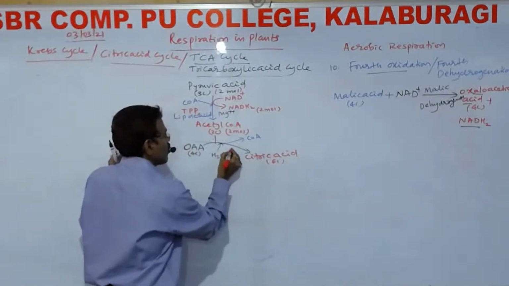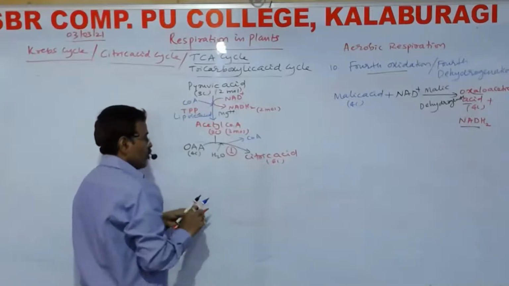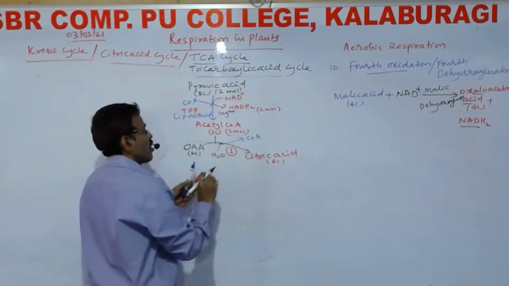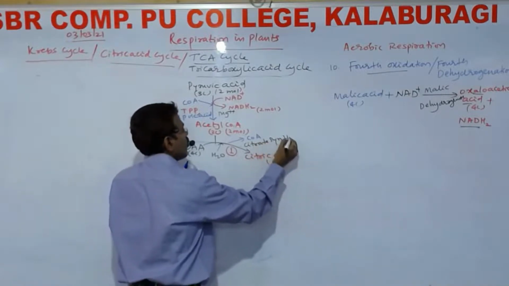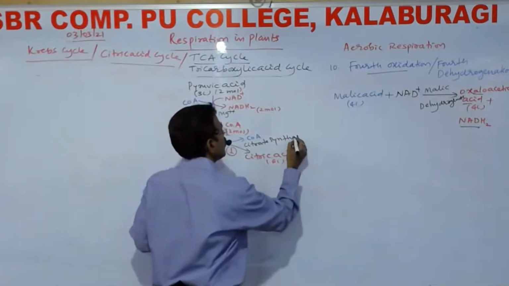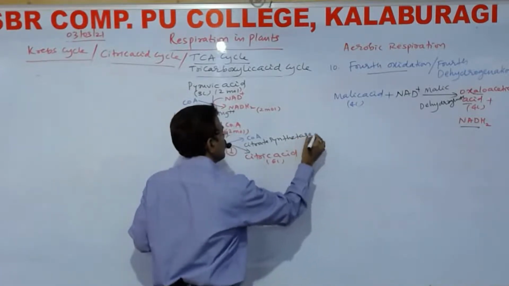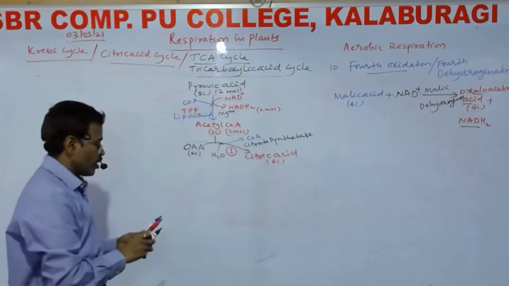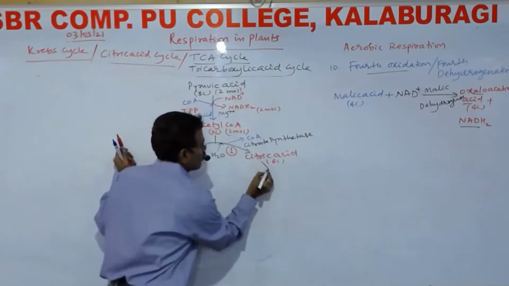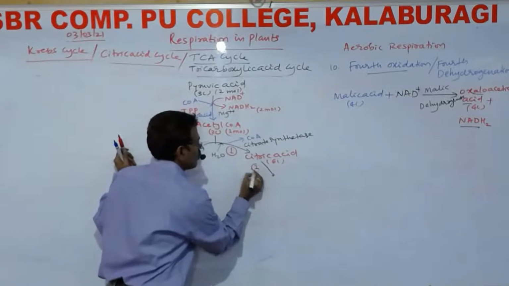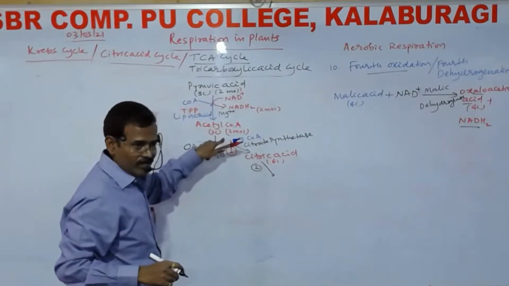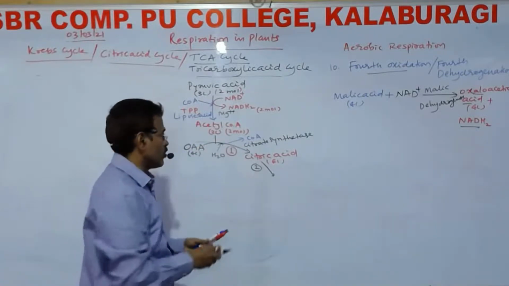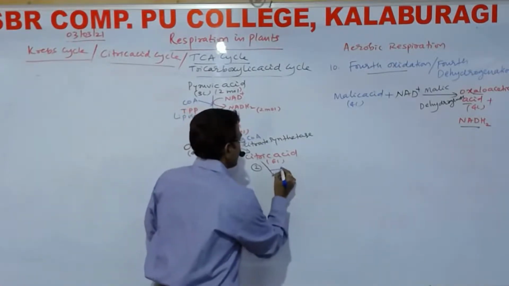Okay, step number one. This enzyme name I will write, very important again. It is citrate synthetase. Now the second step. What is that second step? This was condensation. The second step is dehydration. So in dehydration, what is released?